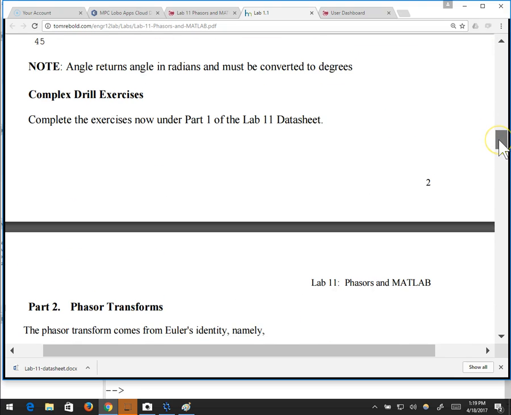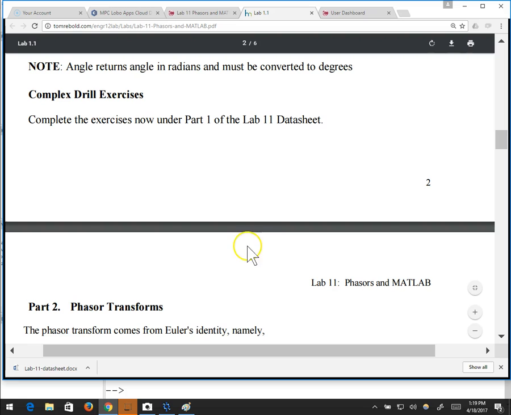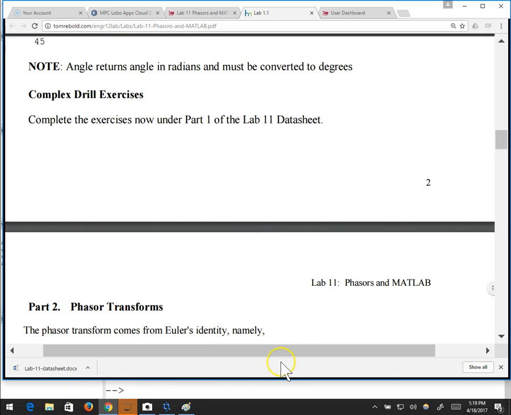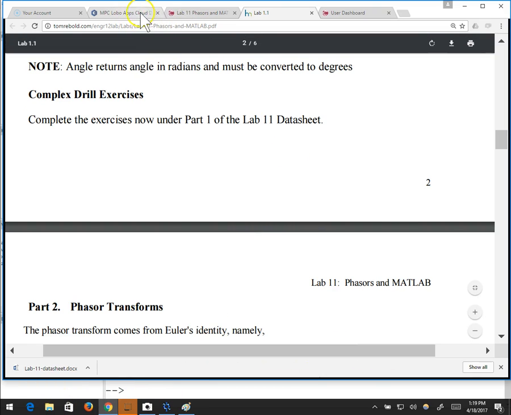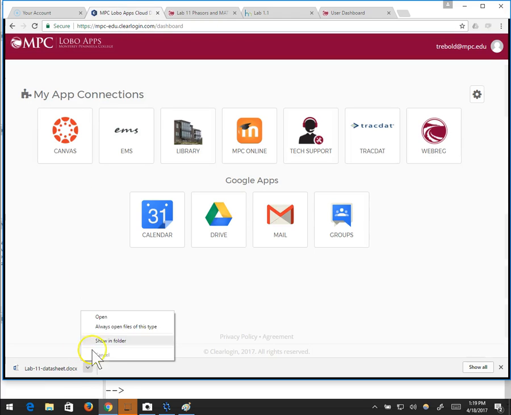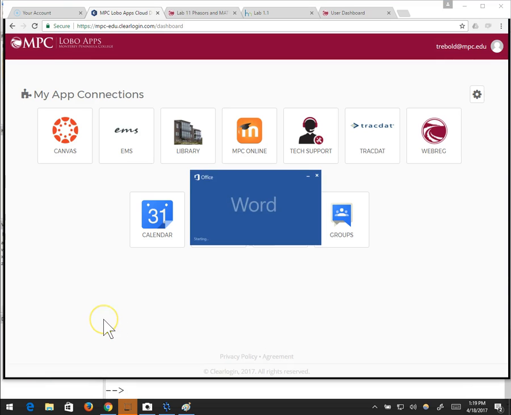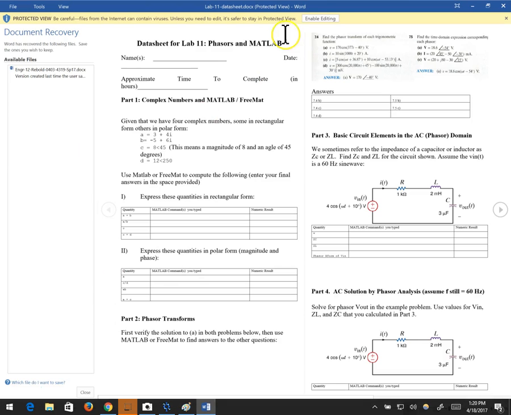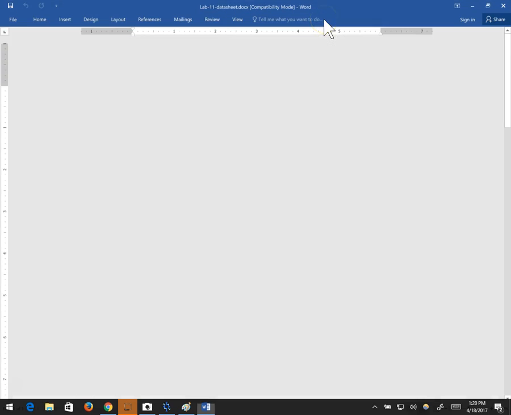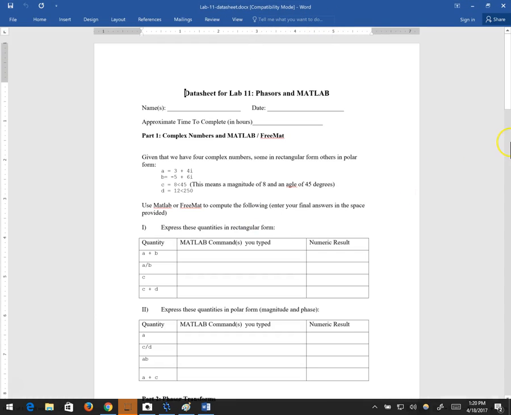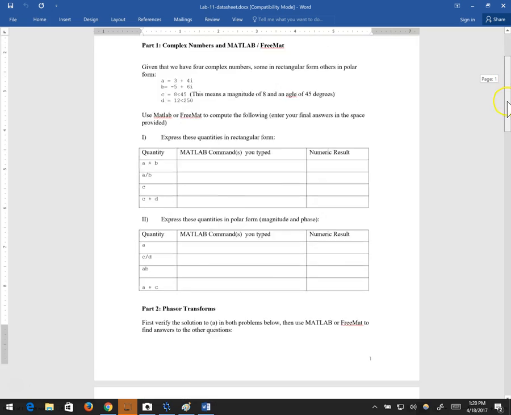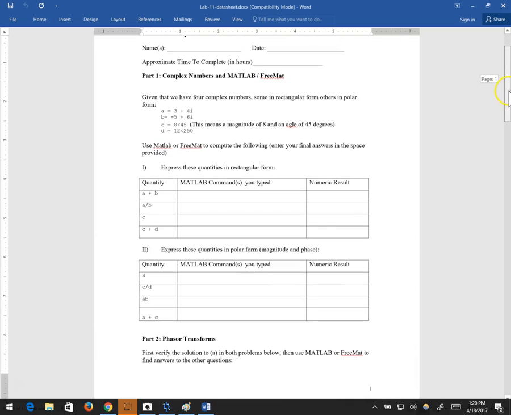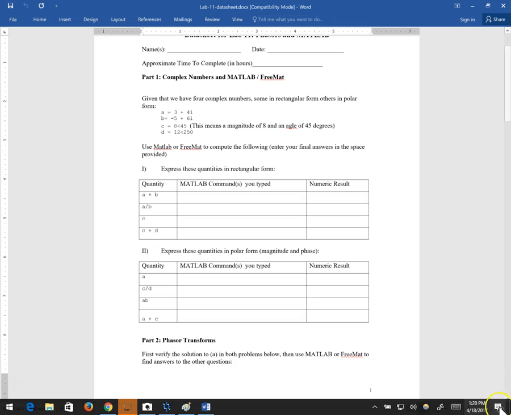So in the first part, there are some exercises. Let's see, where are these drill exercises? There it is. Let's go ahead and open that. I always meant to have some answers here. I think I can probably pull up the answers from last year. So you're going to do these drill exercises in part 1, which is basically just doing some complex arithmetic and checking your answers.